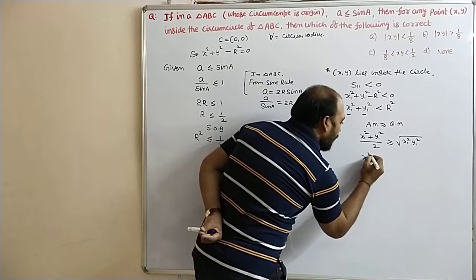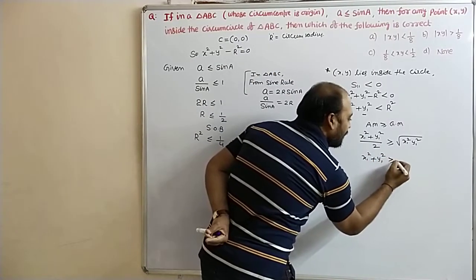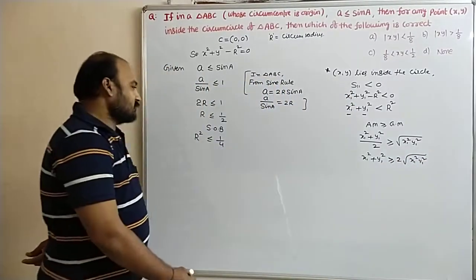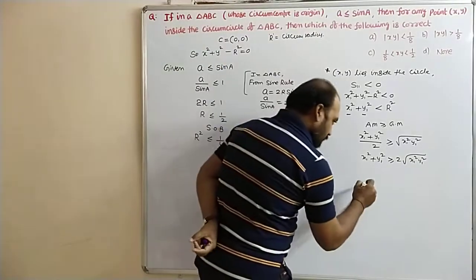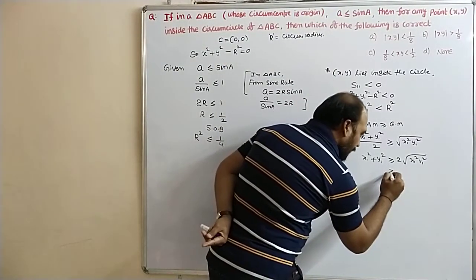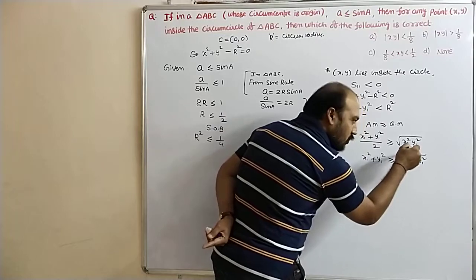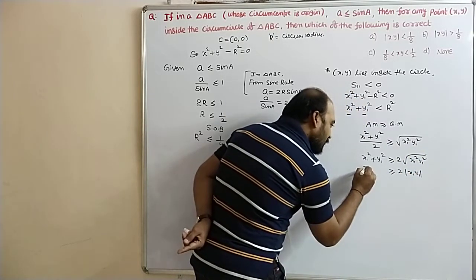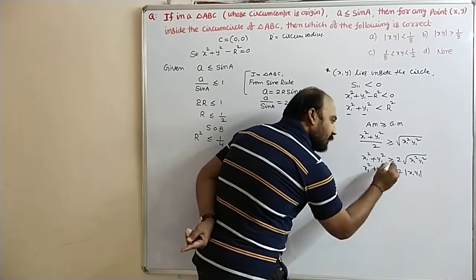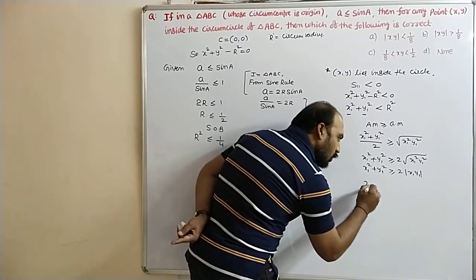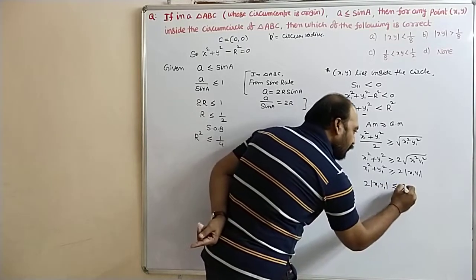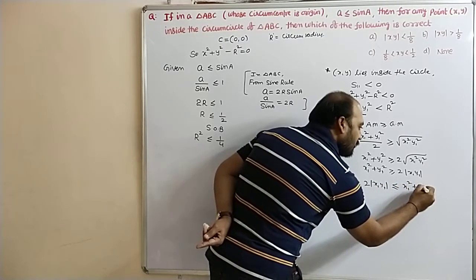So x1 square plus y1 square is greater than or equal to 2 into root of x1 square y1 square, which if you remove the square and root, gives mod x1 y1. Writing in reverse, 2 into mod x1 y1 is less than or equal to x1 square plus y1 square.